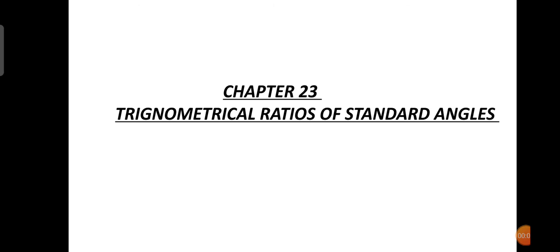In our previous class, we studied trigonometrical ratios. In this chapter, we are studying trigonometric ratios of standard angles. We are familiar with trigonometric ratios: sine, cosine, tangent, cotangent, secant, and cosecant.